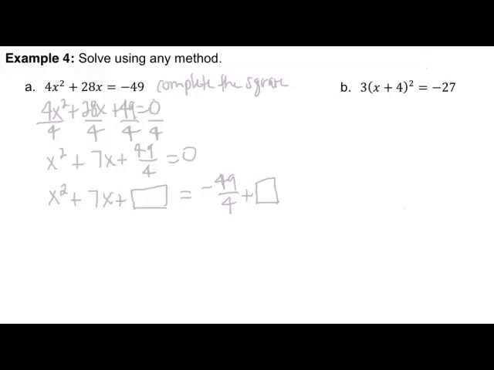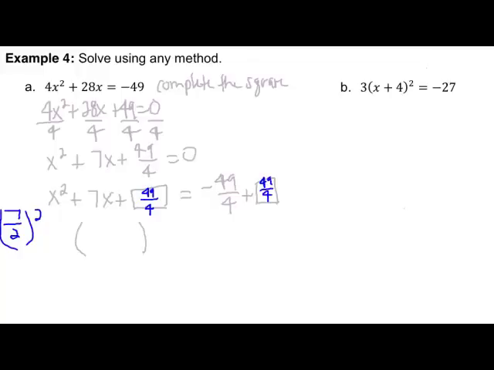To find what's inside the box, take my b value, divide that by 2, and then square it. So if I square 7 halves, 7 squared is 49, and 2 squared is 4. So I'm going to add 49 fourths to both sides.